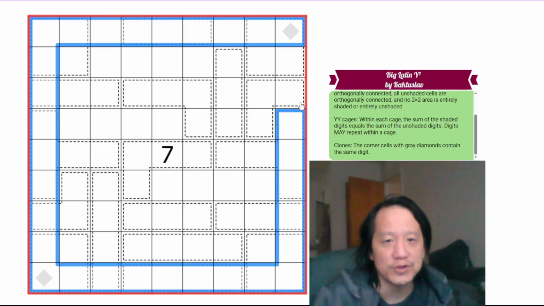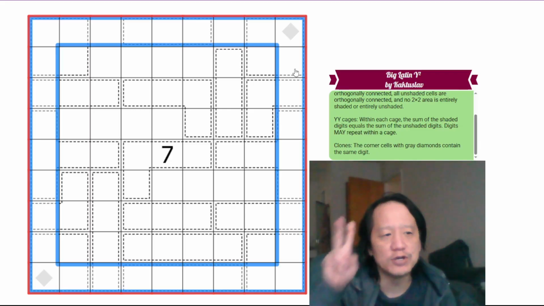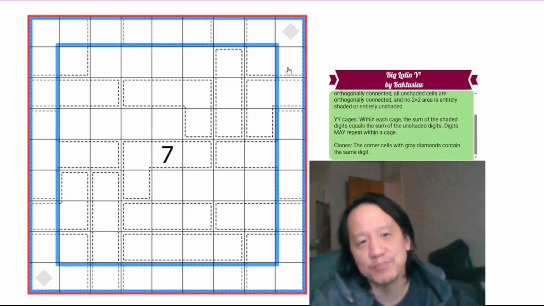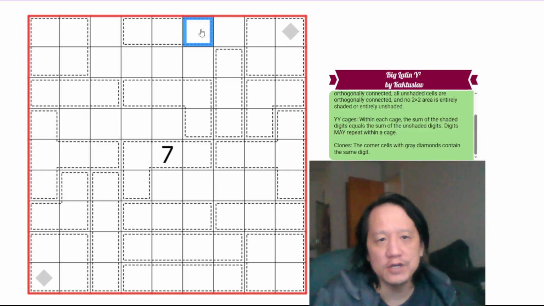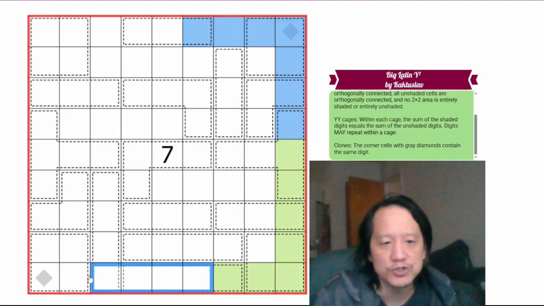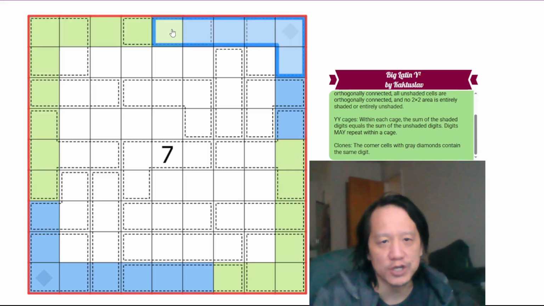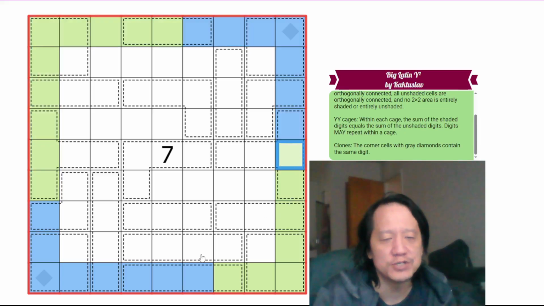You could have it completely unshaded, but you could only change at most twice, I should say. Say you had this shaded blue, then switch to green, then switch to blue, then switch to green. You can't have odd numbers of switching; you always have to have even numbers because you always have to swap back.